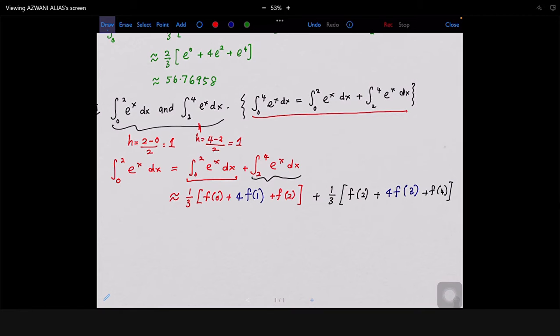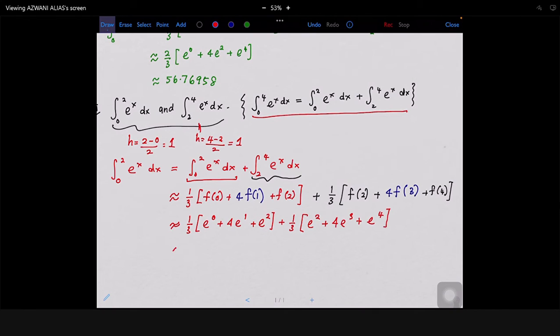Okay. So the next you akan calculate 1/3 (F0 is e^0 plus 4e^1 plus e^2) plus 1/3 (e^2 plus 4e^3 plus e to the power of 4). Okay.